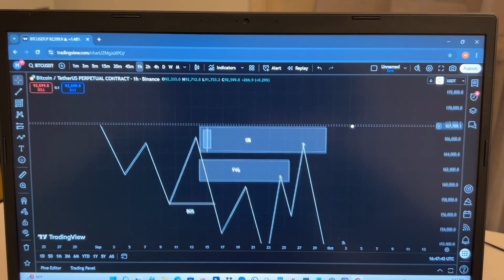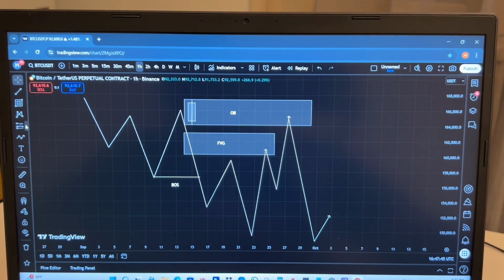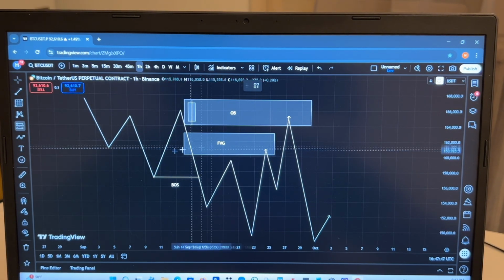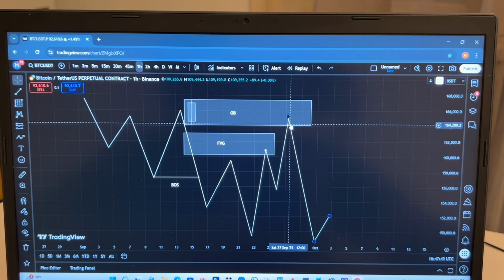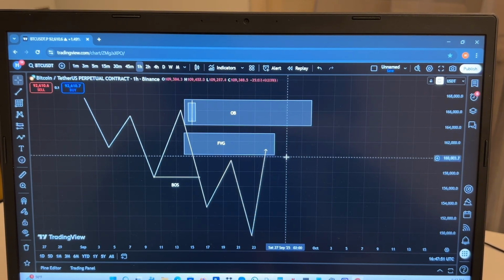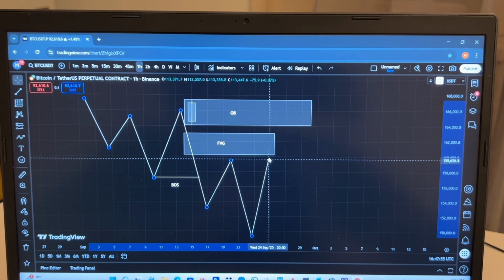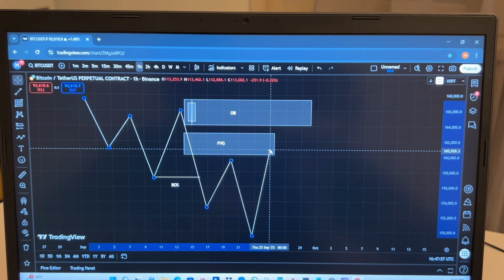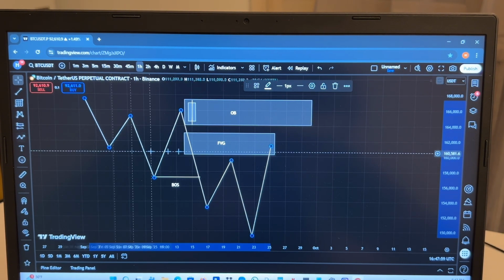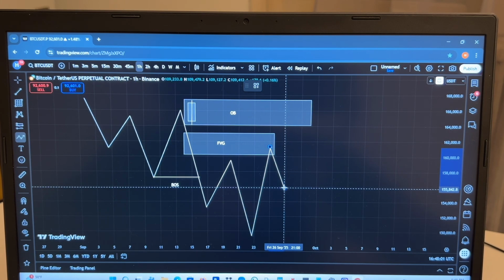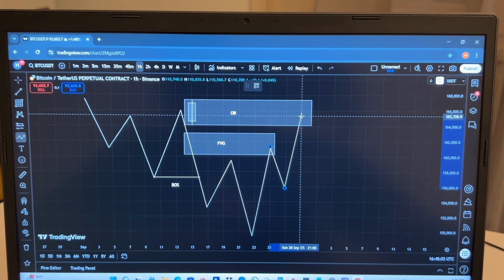So let's talk about the downtrend scenario. Definitely we're going to go for short positions. Let's say this move is not there yet. The market is here, and eventually it comes and hits this FVG, goes for a slight pump, and then goes for this.